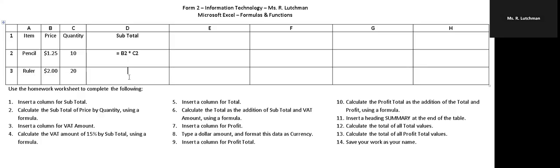Click in the cell that would give me a subtotal for ruler. I'm going to type equal. Price for ruler is B3, asterisk because I'm multiplying by the quantity which exists inside of C3. Okay, that's question 2.